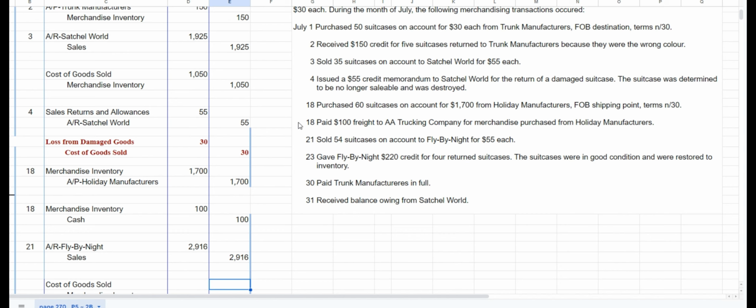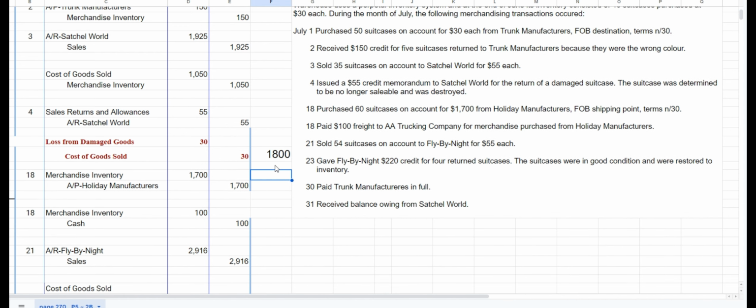But then if you look at the second July 18, it says you paid $100 freight. So this $100 is going to be added to 1,700 to get 1,800. And that is the total value for the 60 suitcases that you purchased. So if you divide 1,800 by 60, you get 30.